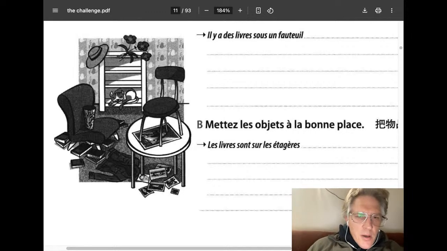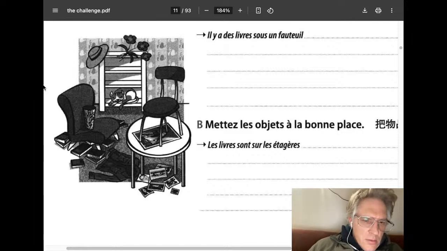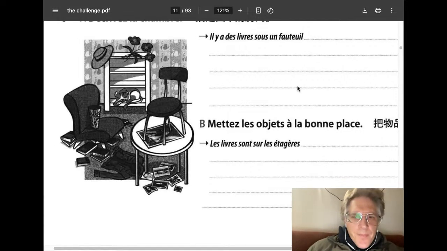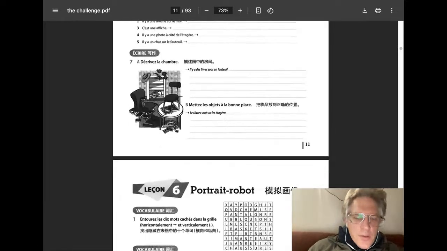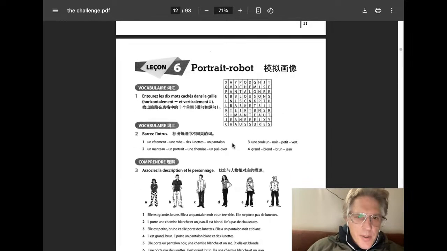Les fleurs sont in. How do you say in? Dans un vase. Okay, this is probably good enough. Great. So tomorrow we're going to go to the next chapter.